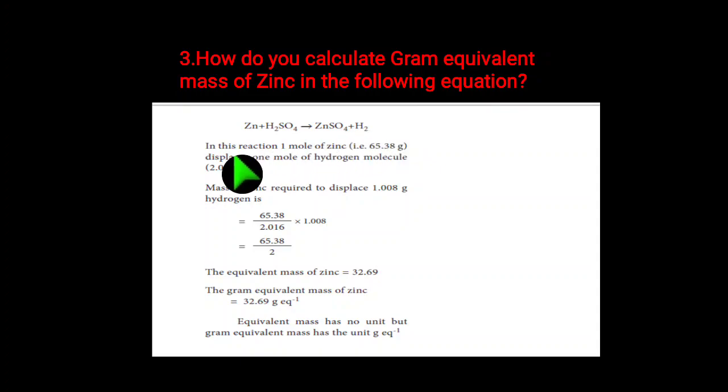In this reaction 1 mole of zinc, atomic mass 65.38 gram, displaces 1 mole of hydrogen molecule in the product side. The mass of the hydrogen molecule is 2.016 gram.